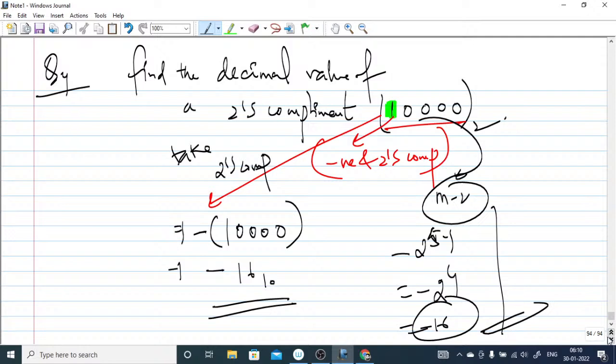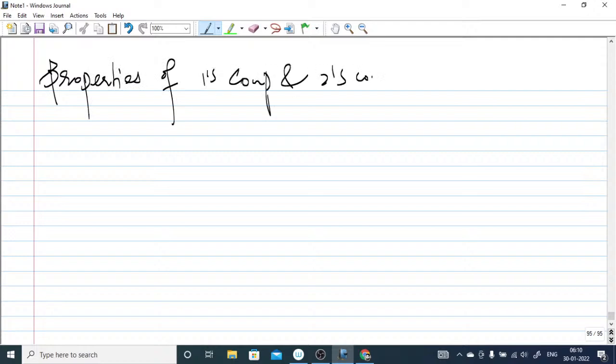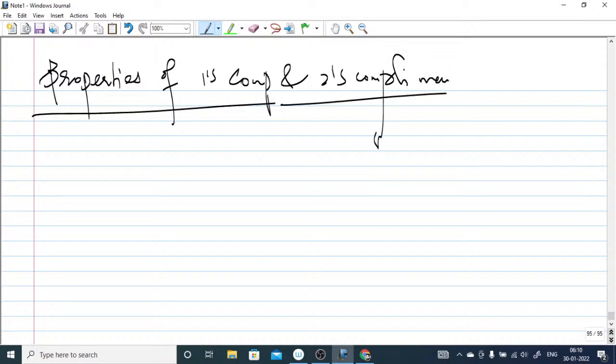If I talk about the properties of one's complement and two's complement numbers, what are the properties, if someone is going to ask you?